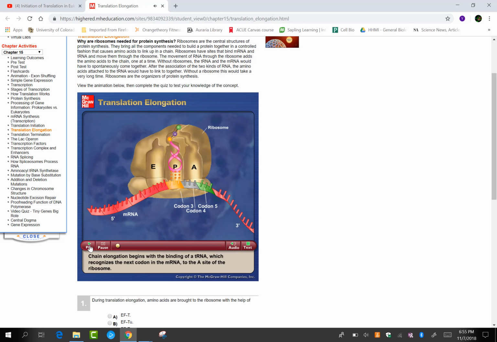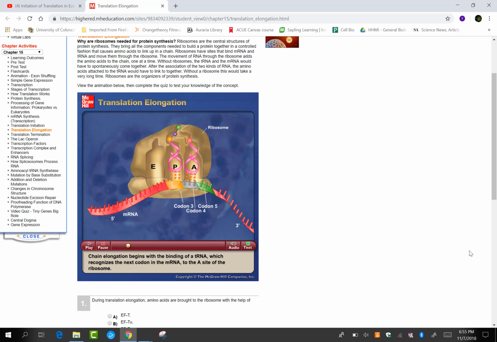Chain elongation begins with the binding of a tRNA, which recognizes the next codon in the mRNA to the A site of the ribosome. Okay, so what this is showing you is elongation. So we made a couple peptides. We've hooked a couple amino acids together. The codon that was just read is in the P site.